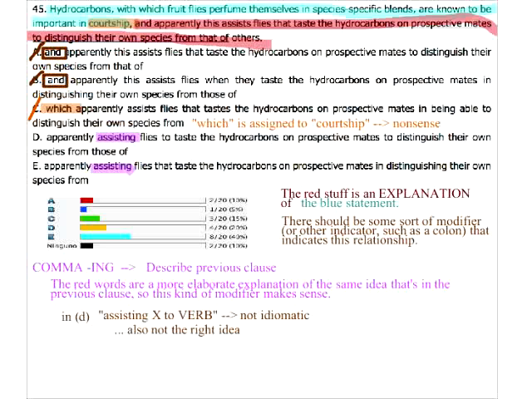There's also "those." "Those" doesn't stand for anything here, and that's the problem, because it is from other species. So "others" already means other species. Let's write that out: distinguishing their own species from other species.